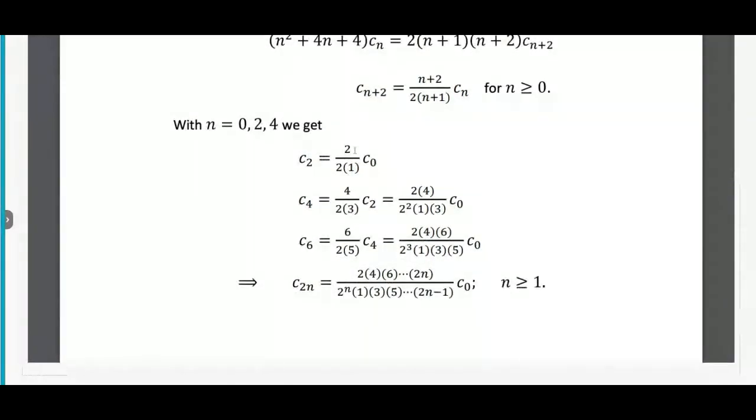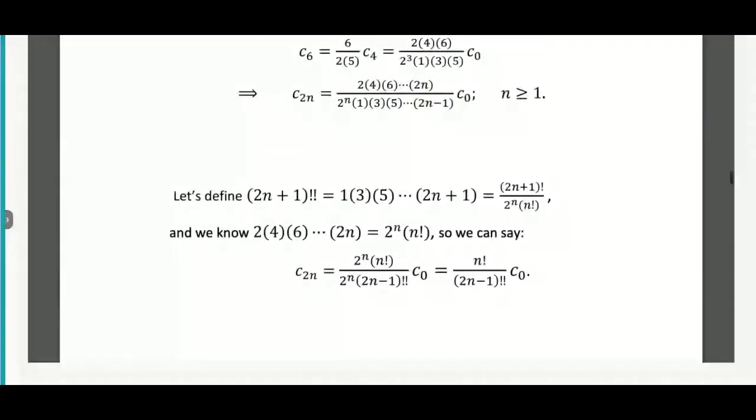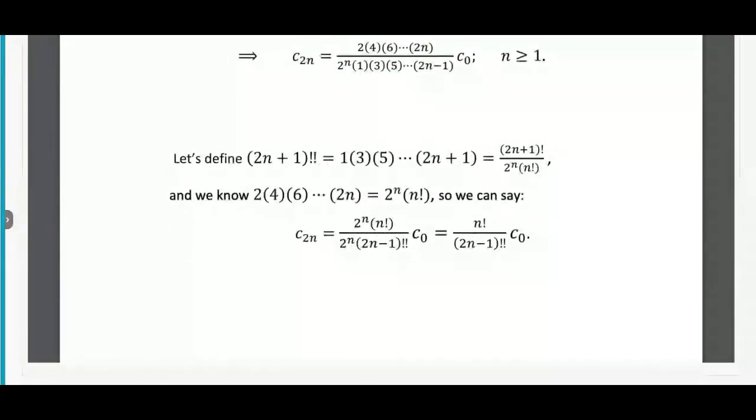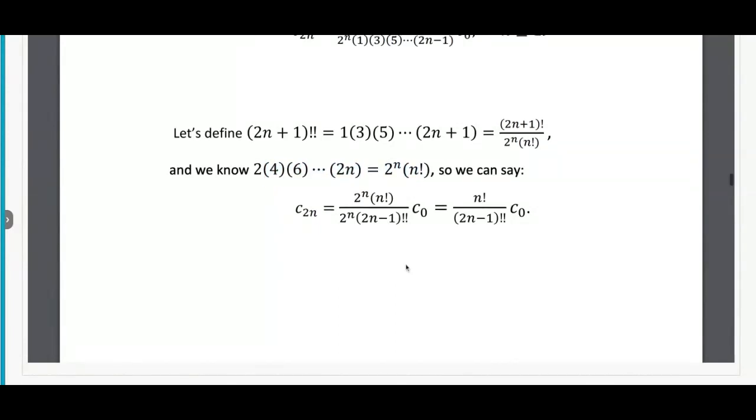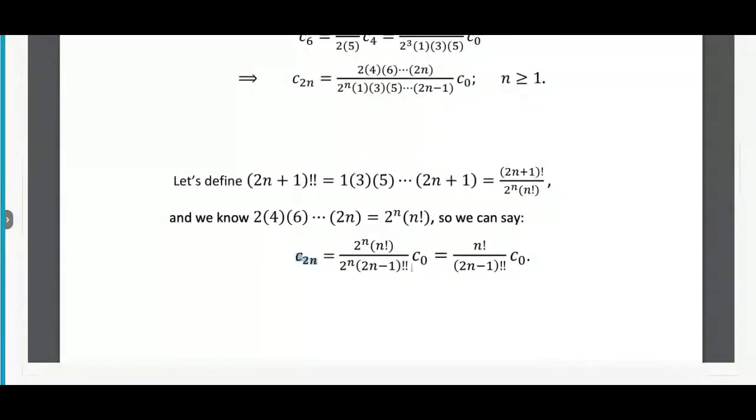And for the even ones, we evaluate 2, 4, 6 up to 2n, so we get this pattern. So this is for the even ones, right? So the nth term, the general term, is such.